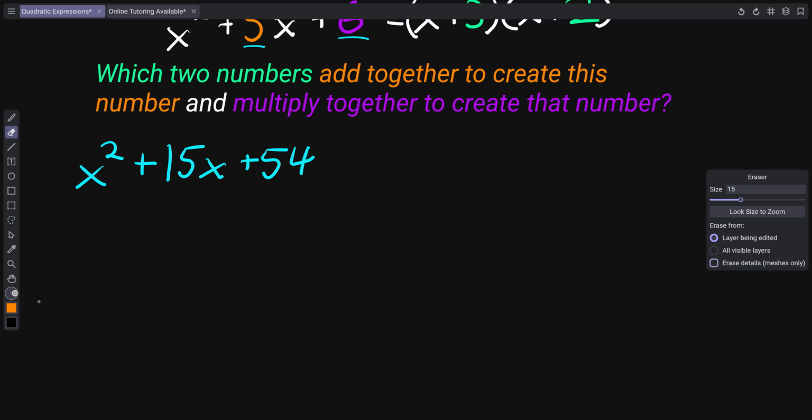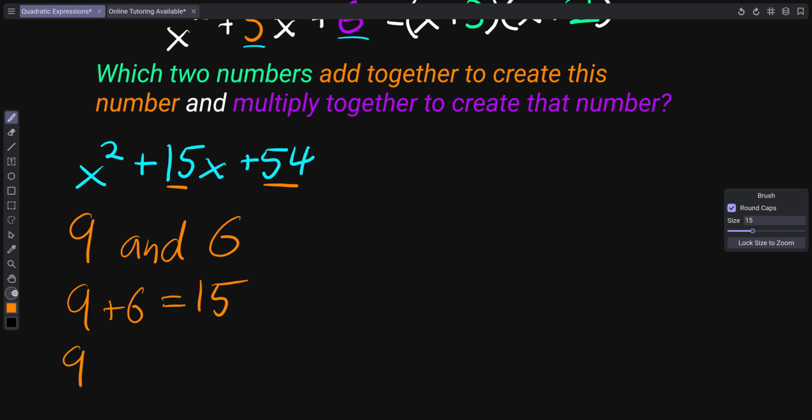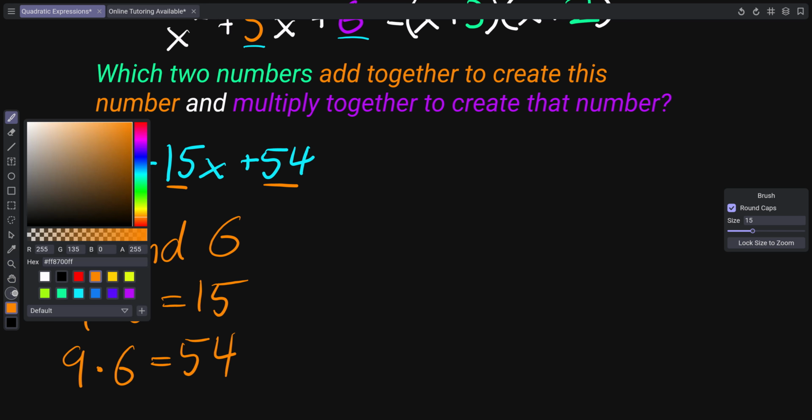And in this case, those two numbers would be 9 and 6. Because if we add 9 and 6, it gives us 15. And then if we multiply 9 and 6, that gives us 54.